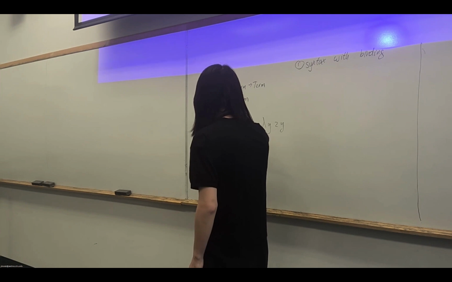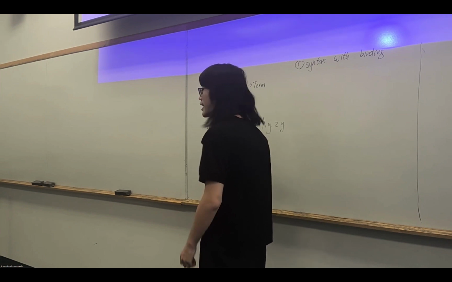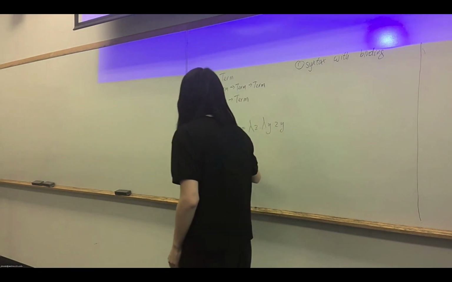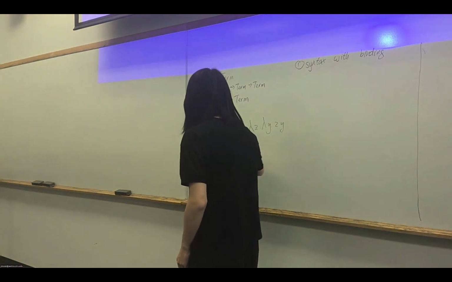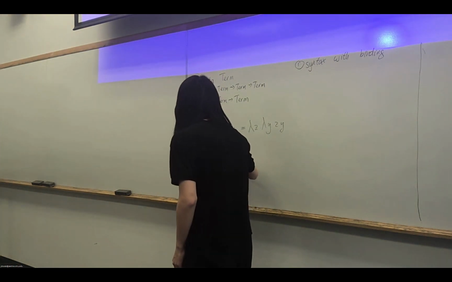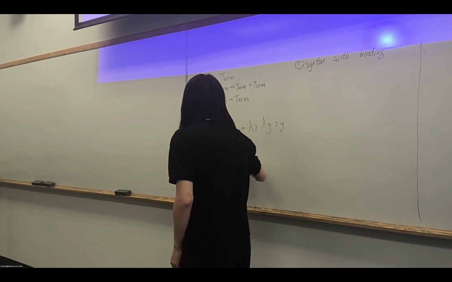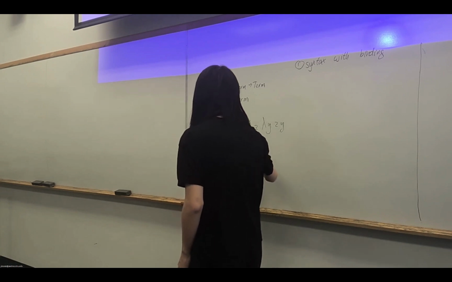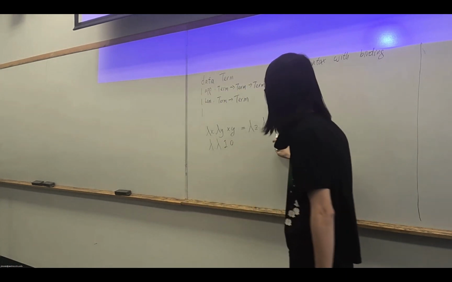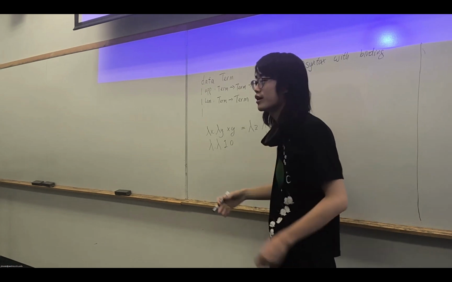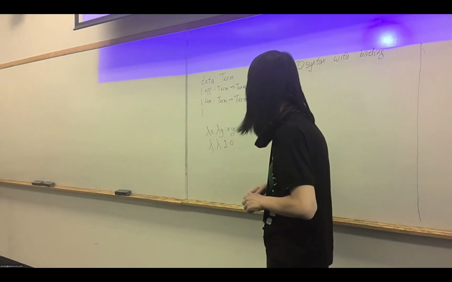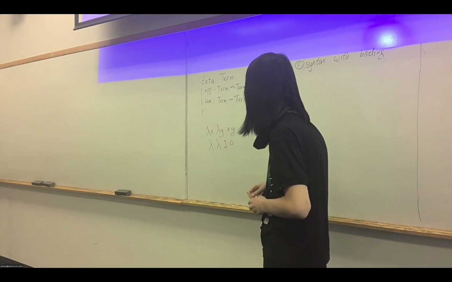We count the number of binders between them as a number to represent these references. So these terms will instead be represented as lambda, lambda, 1 0, and this lambda term will also be represented using the same term, and we no longer have to keep track of the names of binders, which is nice.